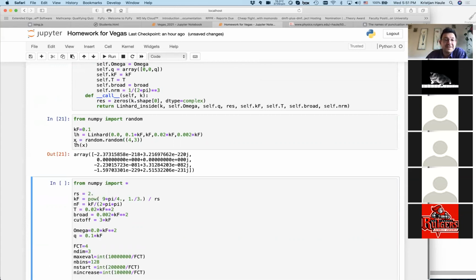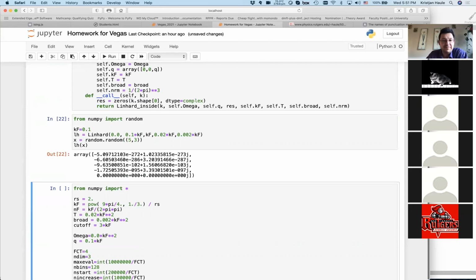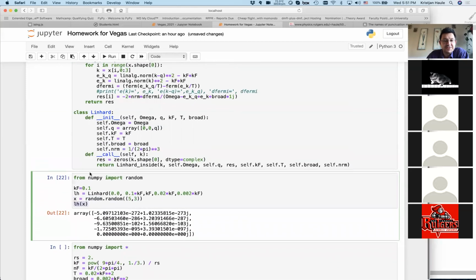Probably misspelled something. So here we define, let's say, a batch of size 5, but these quantities are three-dimensional vectors, so we have 5 times 3, and then we test that this Slingheart function returns correct polarization, which needs to be a complex number, and it needs to return as many complex numbers as the number of values in the batch.